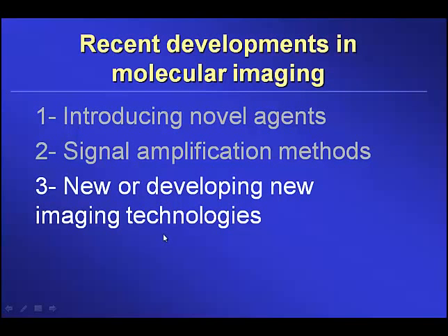Actually, molecular imaging is the same as nuclear medicine techniques, but deeper and with better advantages and better effect. So now, after recent developments in molecular imaging, introducing novel agents and signal amplification methods, we will talk about developing new imaging technologies.